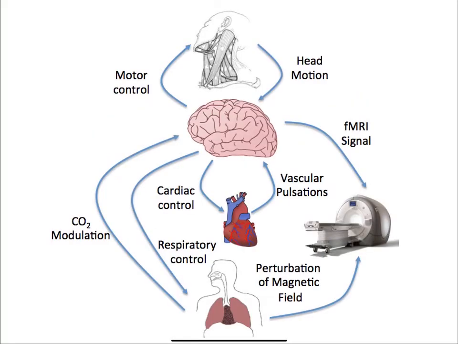Okay, and the final caveat is we treat everything as a regressor, right? We treat breathing as a regressor. We treat cardiac pulsations as a regressor. We treat head motion as a nuisance term. Okay, but all of these actually are controlled by the brain, or somehow related to the brain.